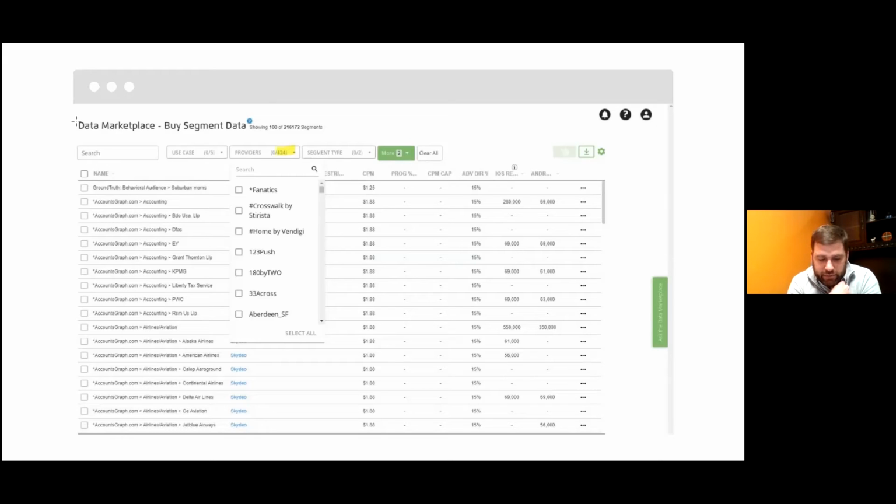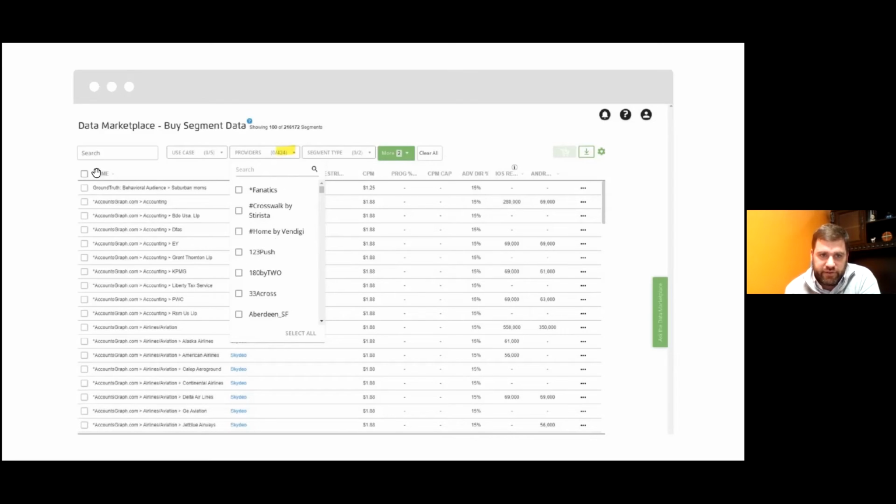A good example of that would be if you're looking to target newly engaged couples. Provider A, I don't think Fanatics is a big provider of newly engaged data, but just for the sake of example, say they include it as newly engaged, whereas Crosswalk provides it as brides-to-be, and 123 Push has it both ways.